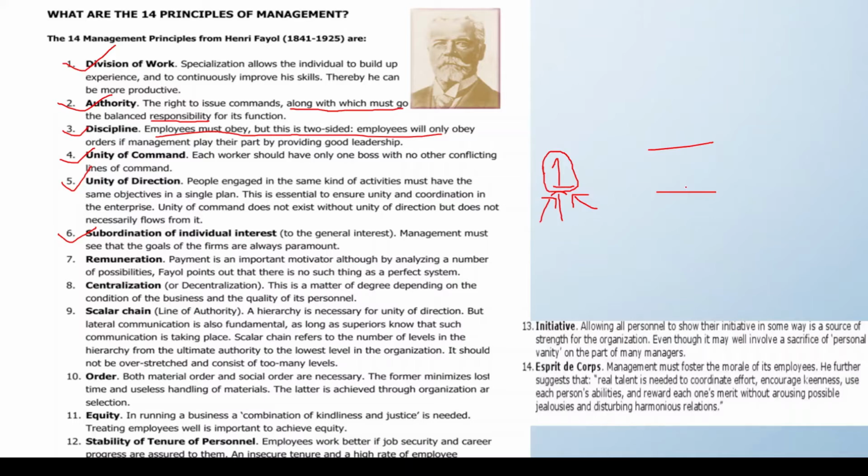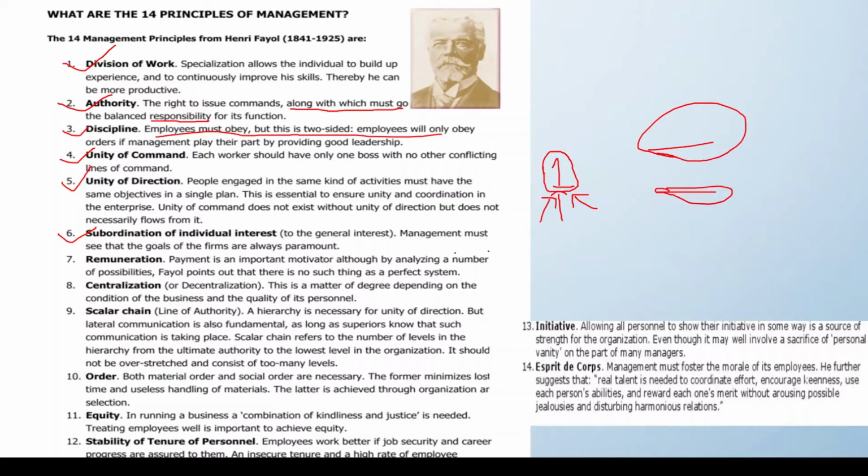The point says it is subordination of individual interest to the general interest. If there is a general interest, that will be on top, and the individual interest will become the subordinate. General interest will be the superior and individual interest will be the subordinate.